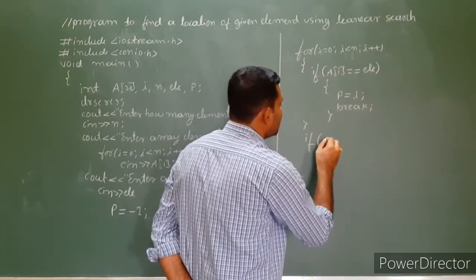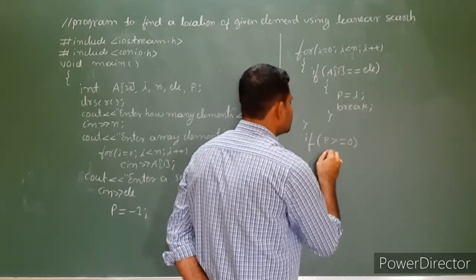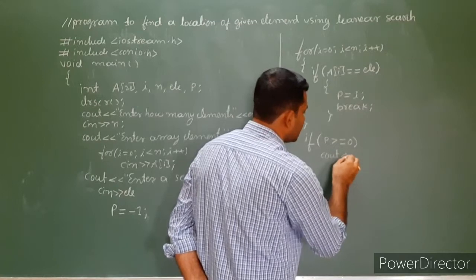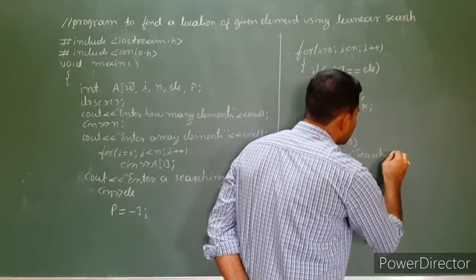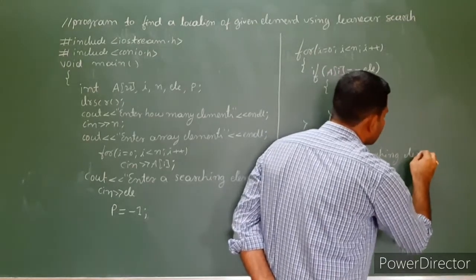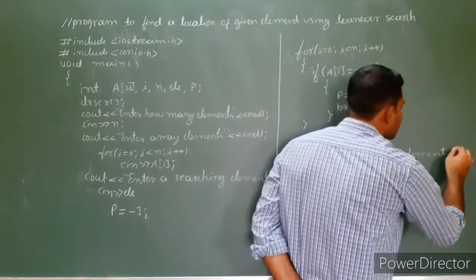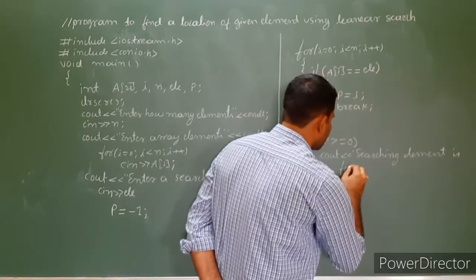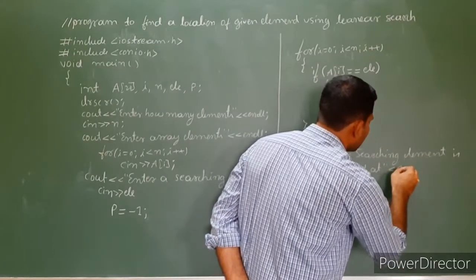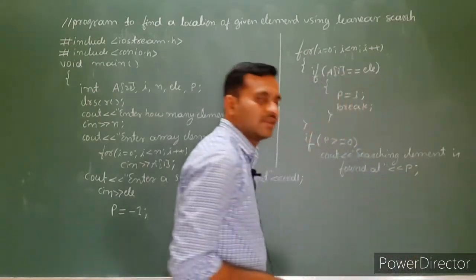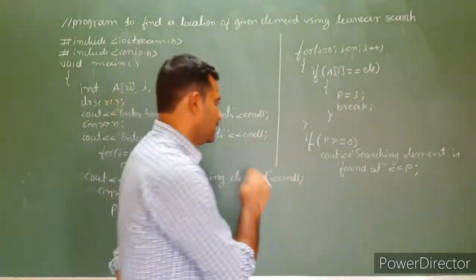If position is greater than or equal to 0, output searching element is found. Searching element is found at the given position, so p.